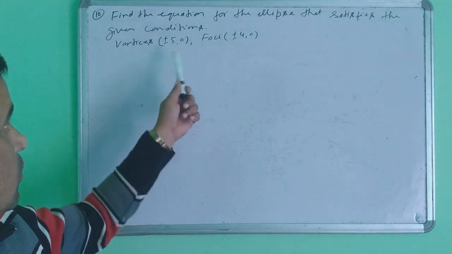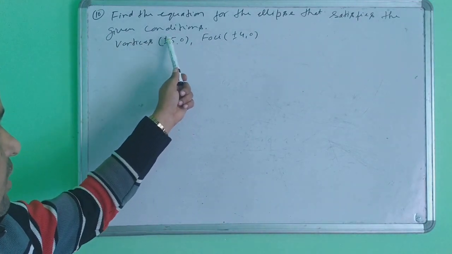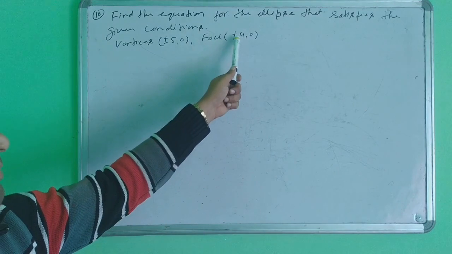Yes, so now look here: the vertices are plus minus 5, 0 and the foci are plus minus 4, 0.